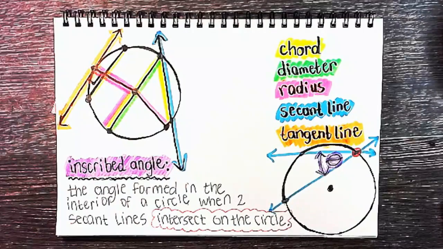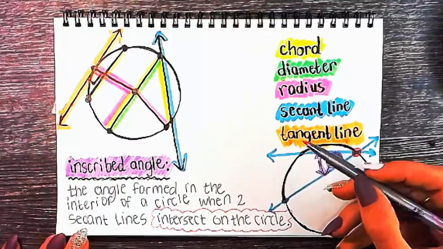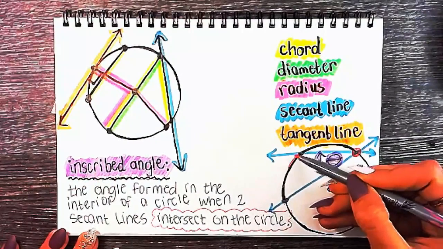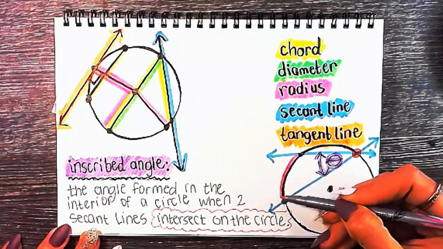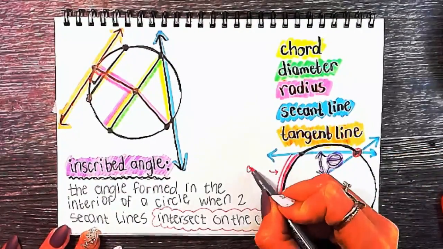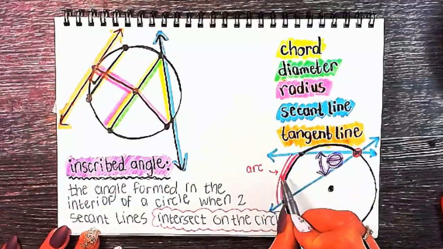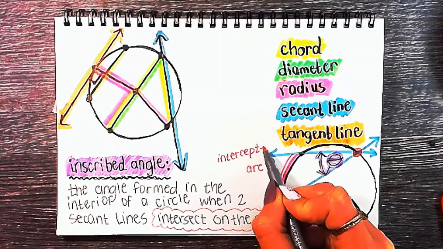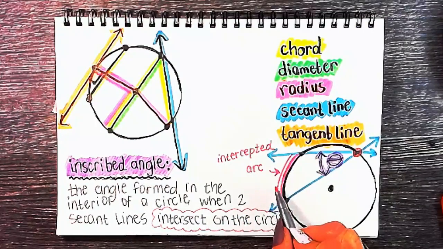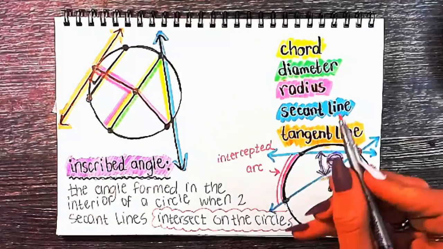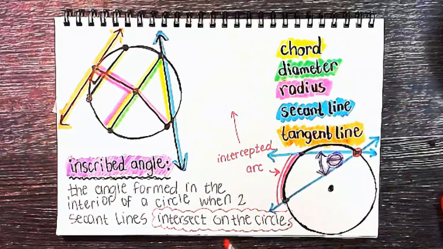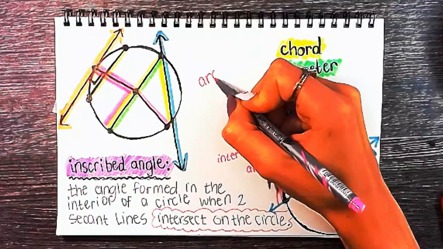There's a little bit more that we should talk about before we dive into a few examples. This over here, if you recall, is the arc or the intercepted arc, meaning that the secant lines are intersecting this over here. Now, if you remember, earlier in the school year, in a previous unit, we did arc measure.